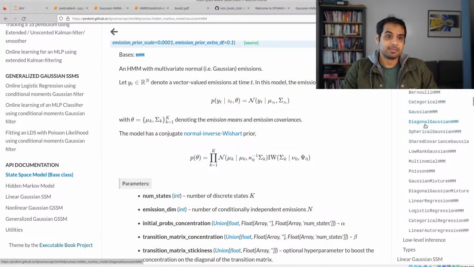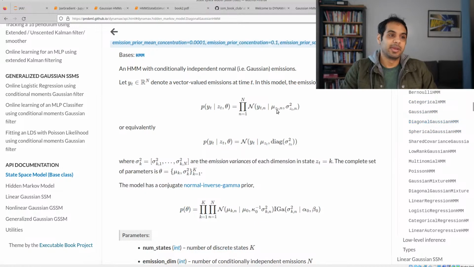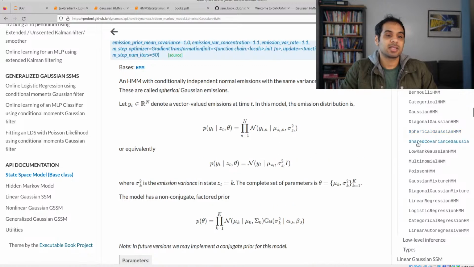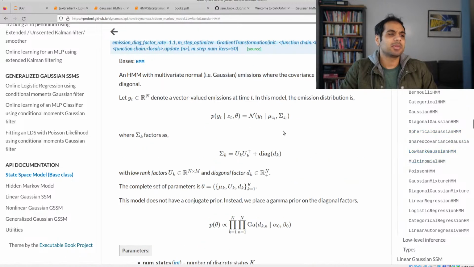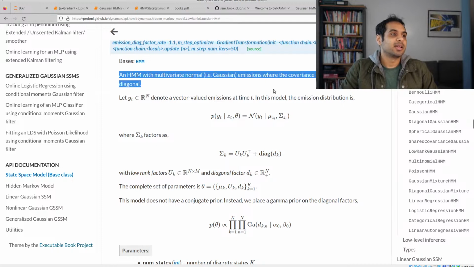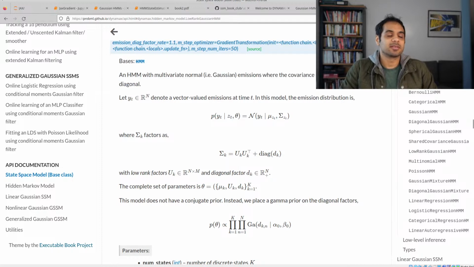But then we have a diagonal one where the normal distributions don't have a covariance, you just have the diagonals of the covariance matrix. Spherical, which constrains the covariances. I didn't know what low rank meant, so I have to go read. I always forget what low rank means, so this is another point of reading for me.